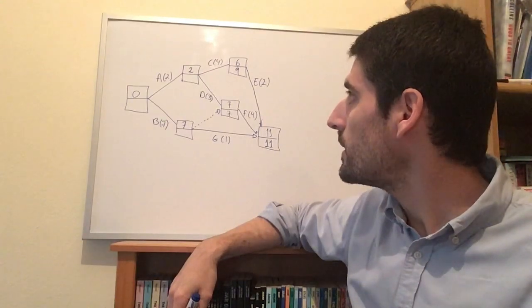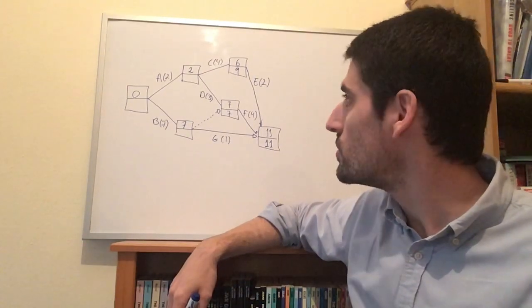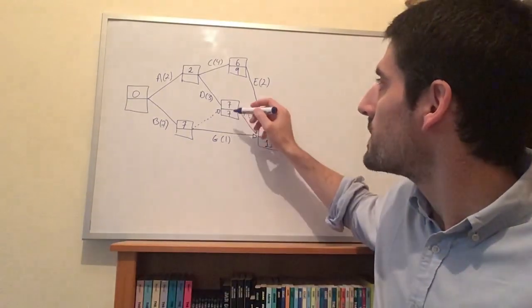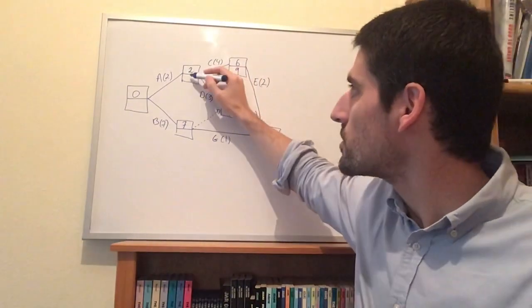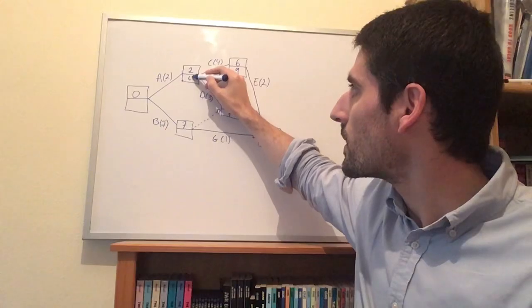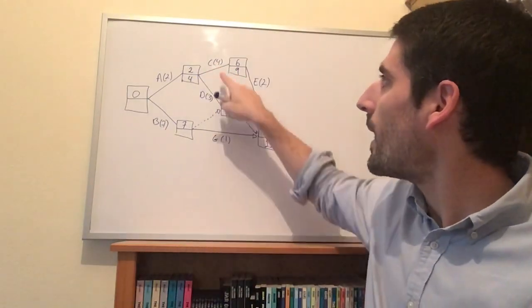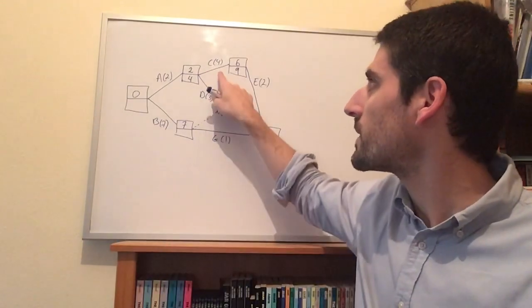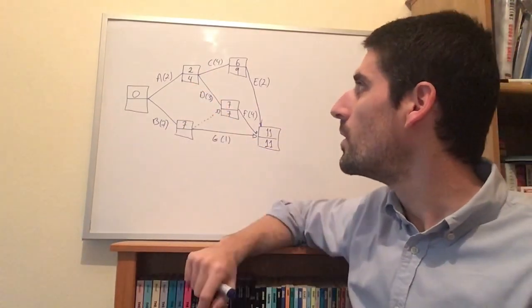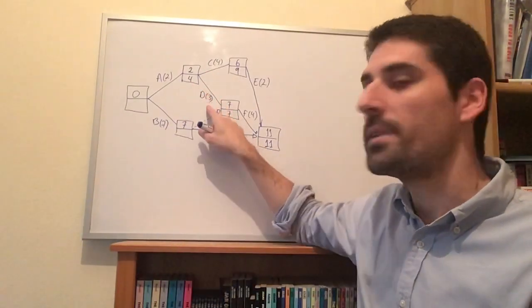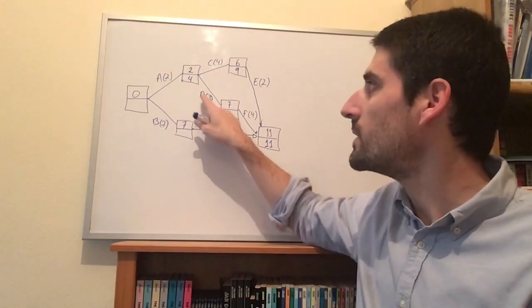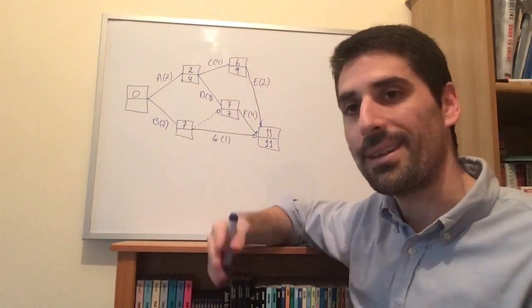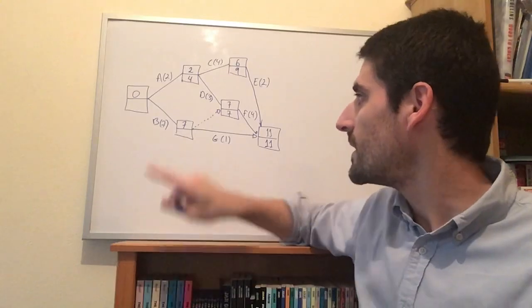So I am going to choose, I'm going to write a 4 there. I could delay activity C, or the start of activity C, up to 4 hours. Same thing with activity D, I could delay its start until hour number 4 into the project.